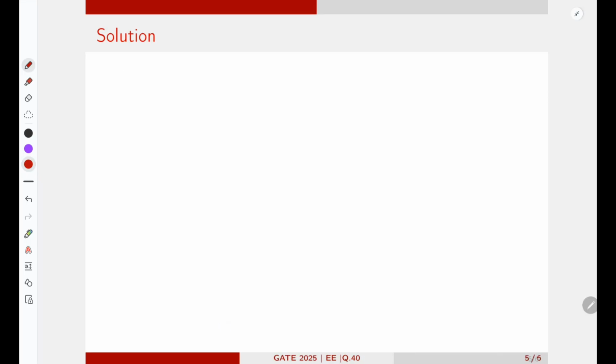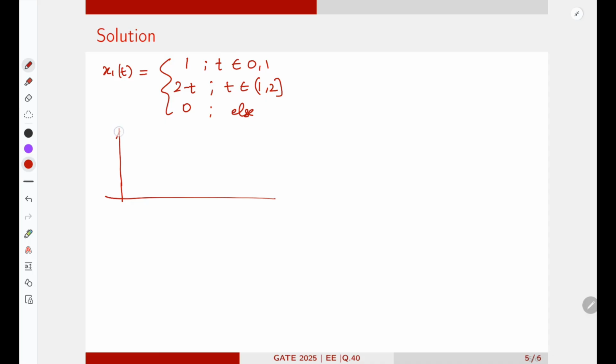So let us quickly write down what is x1 of t. To represent x1 of t against t, from 0 to 1, the value of x1 of t remains as 1.